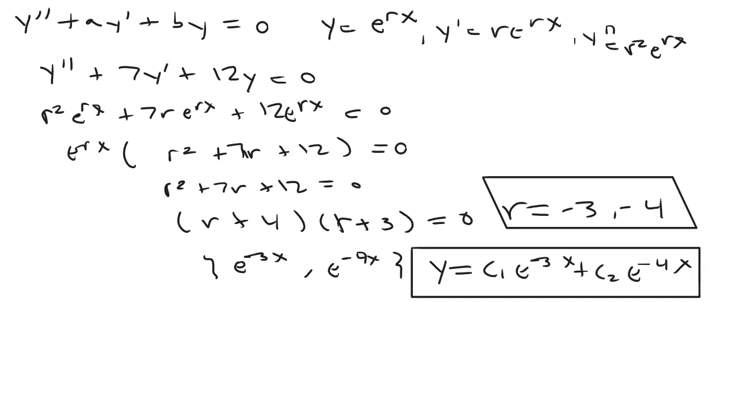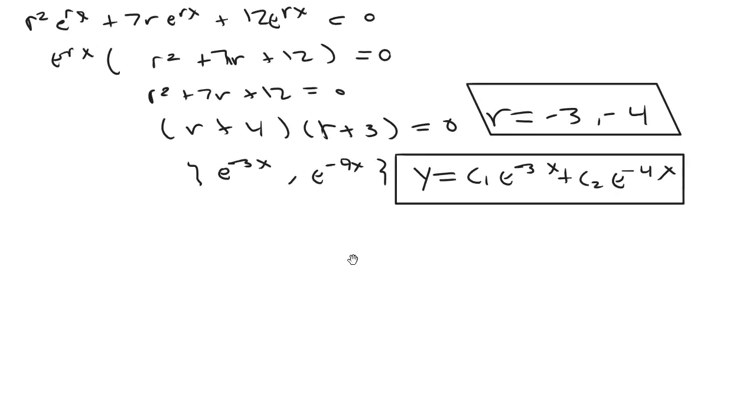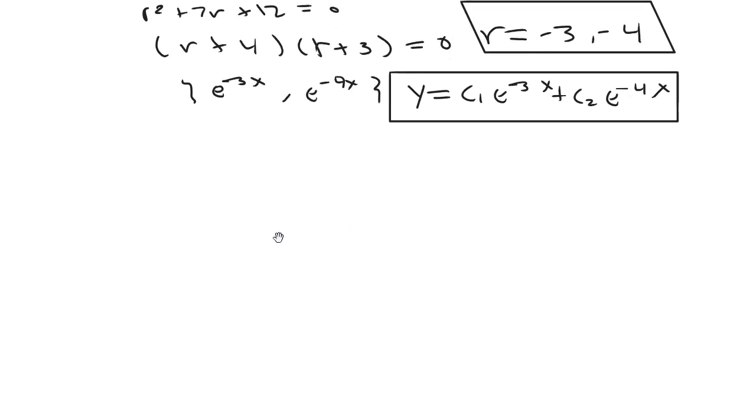Now, suppose that you just wanted to verify whether or not a differential equation can be satisfied with a proposed solution. The classic example could be if you have y double prime plus 4y equals 0, you can verify this supposing that the proposed solution was cosine of 2x.